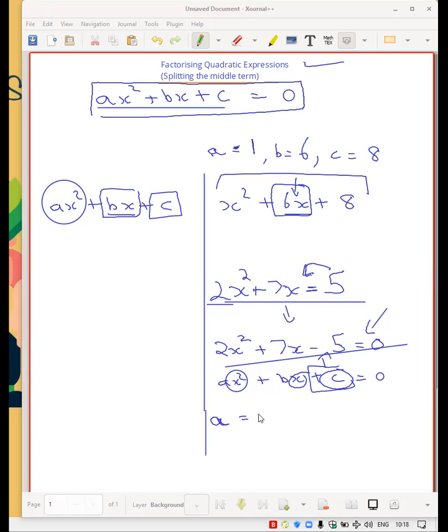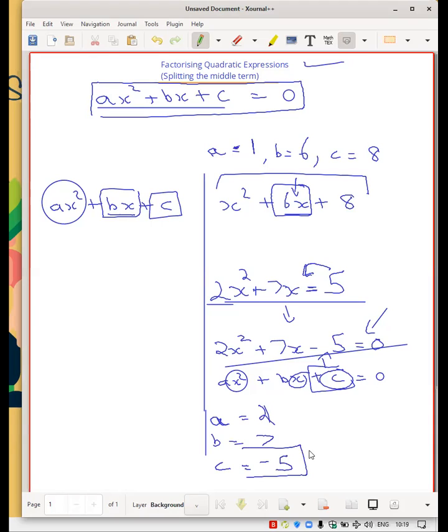What's the value of B? 7. What's the value of C? Minus 5. Okay, now this is important. It's a minus 5. It's not plus 5. Take the sign into consideration. What if this was 3x squared minus 7x plus 15 is equal to 0? Or let's say minus 15 is equal to 0. Parth, what's the value of A?